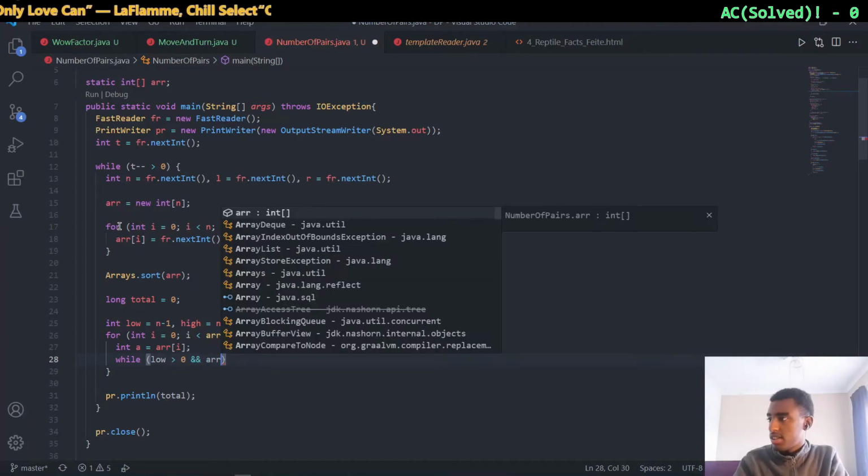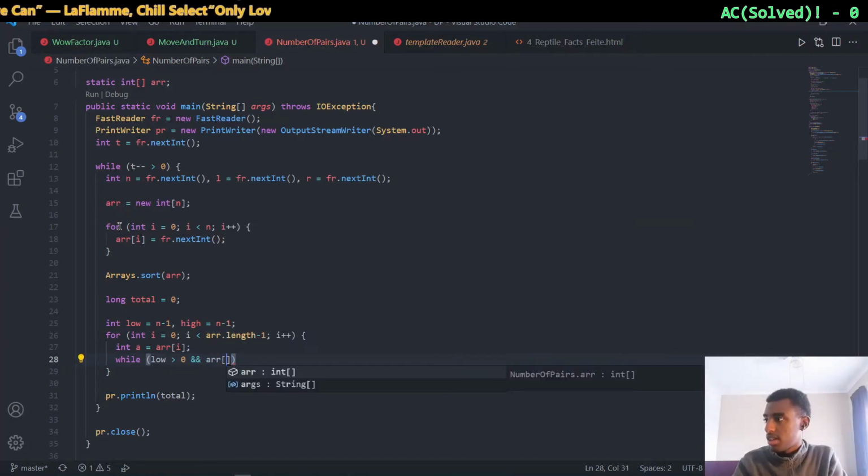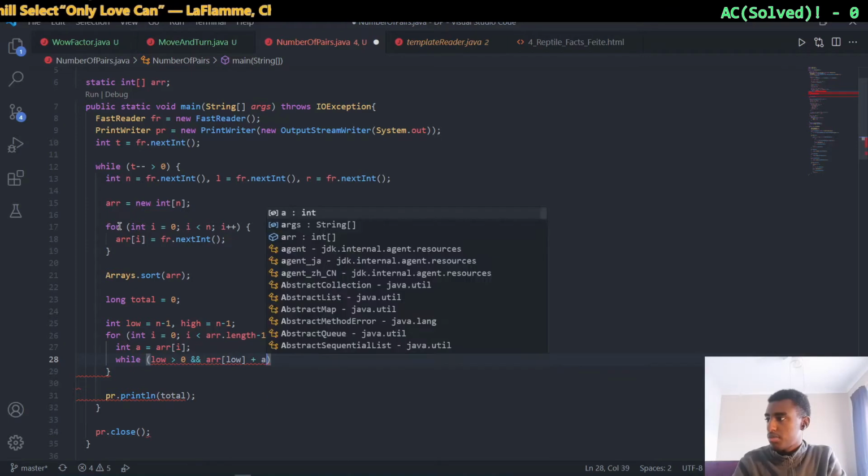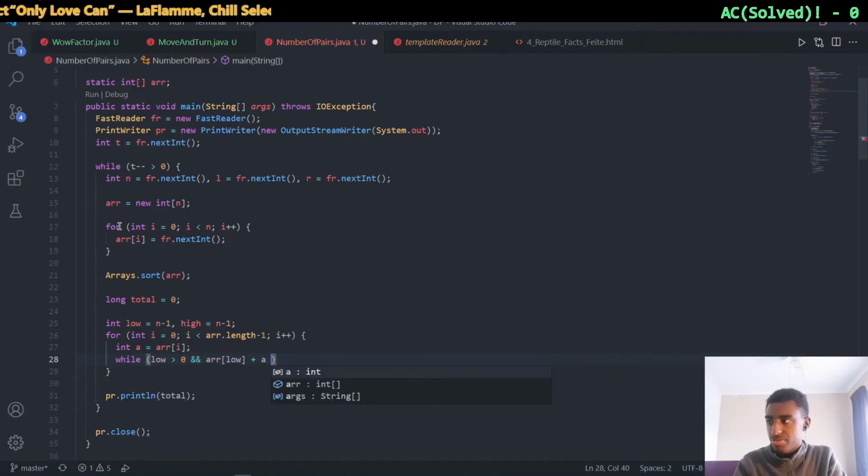And while low plus a is greater than or equal to L, then we can say low minus minus.